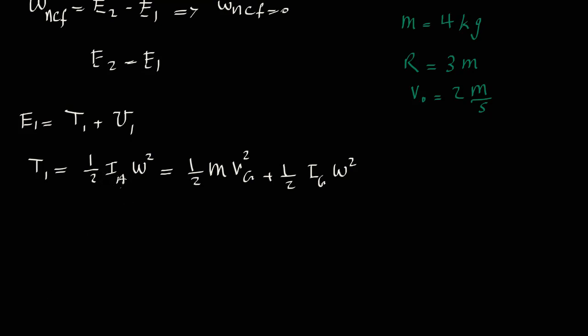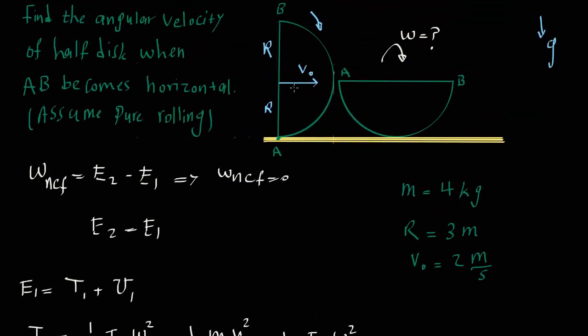So here I have to calculate I_A and also omega squared, because here we have the velocity of the center of mass, but we don't have omega. Let's call this omega 2, for example, and this is omega 1. But based on kinematics, we can find omega 1.